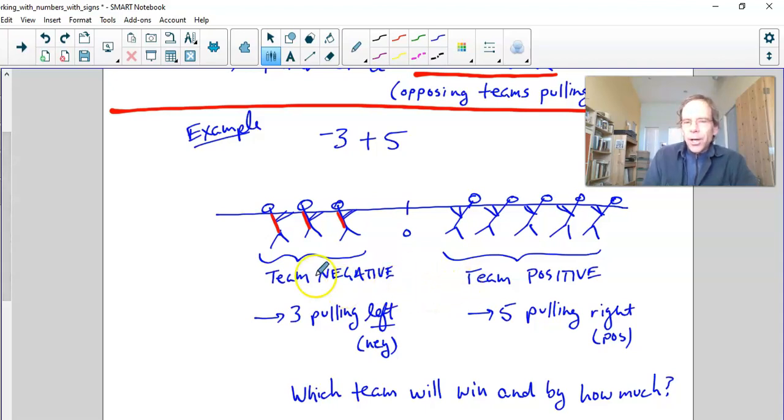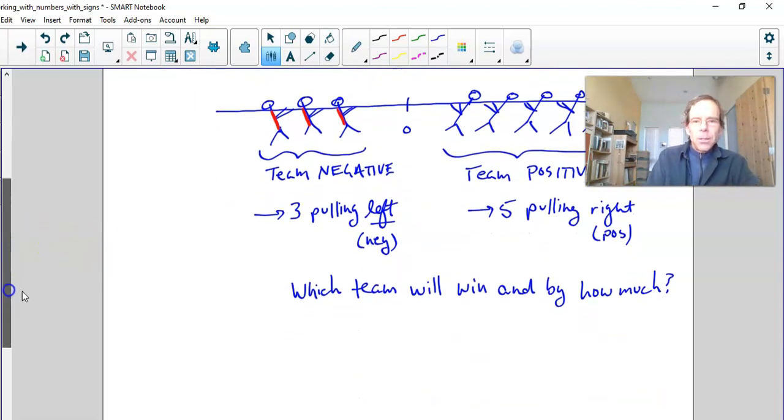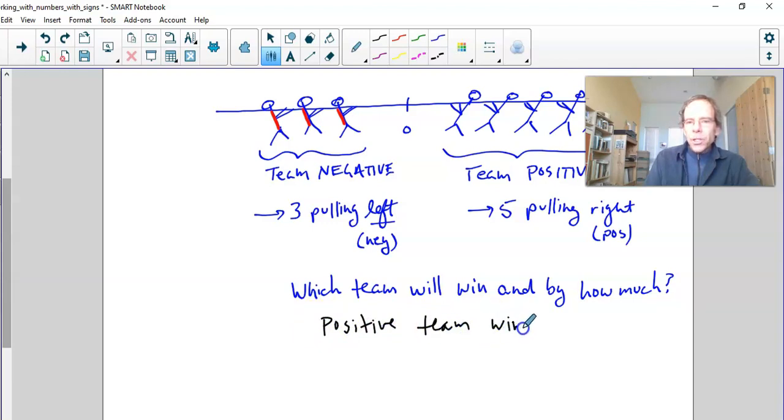By how much, though? It's like the positive team has 2 more pullers than the negative team. So they're going to win by 2. So we're going to say the positive team wins by 2.